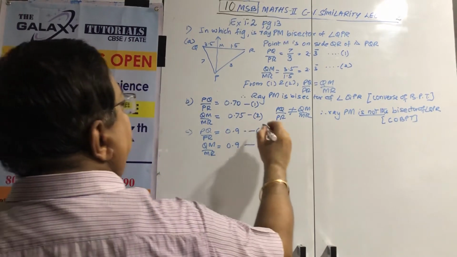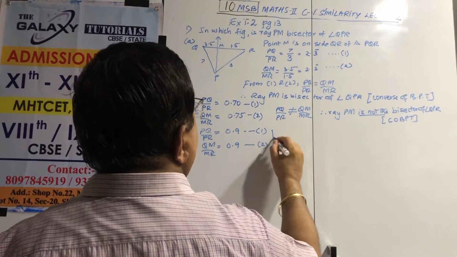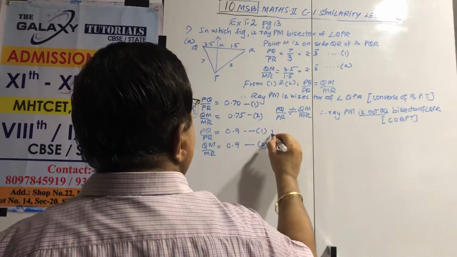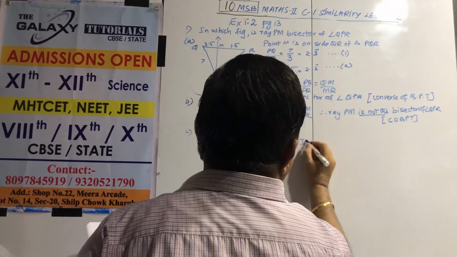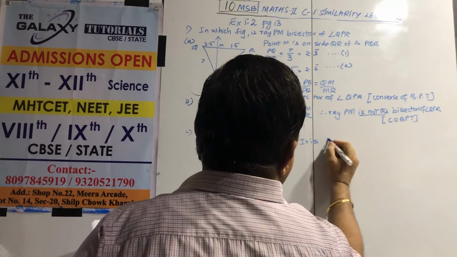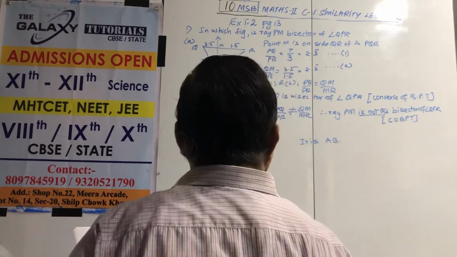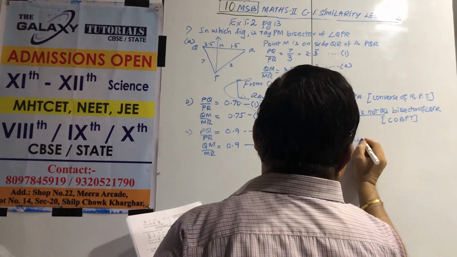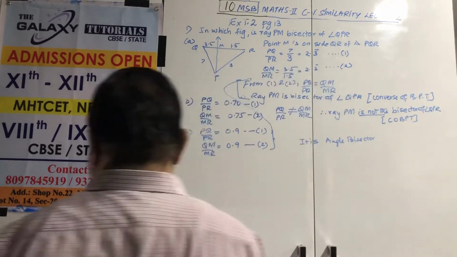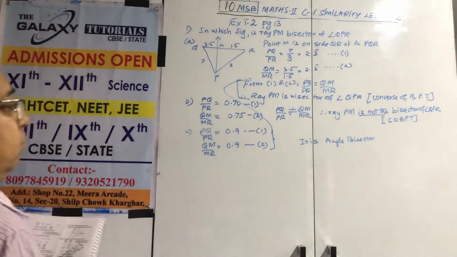So I will write like the first case. I will copy this. So it is angle bisector, just like the first sum.